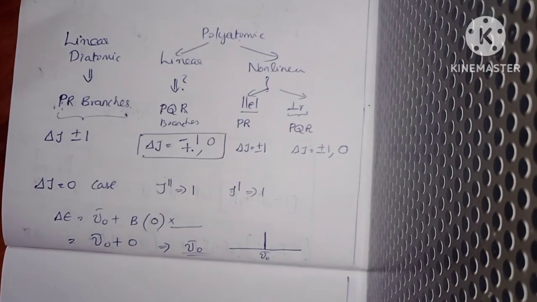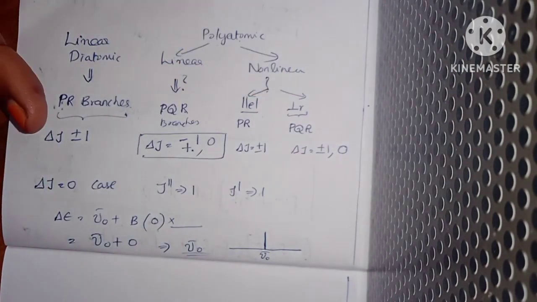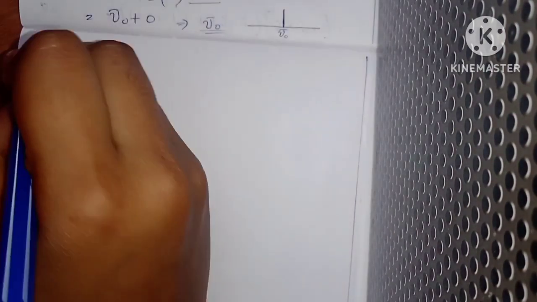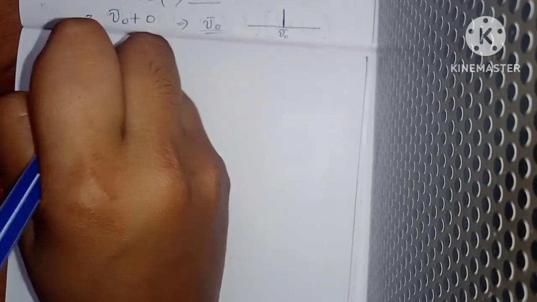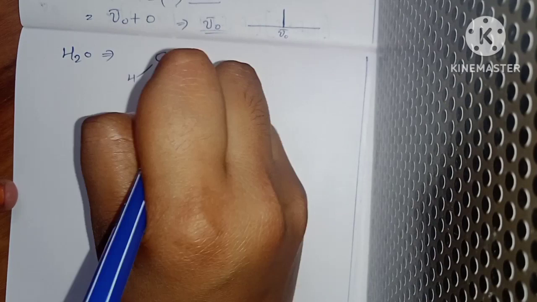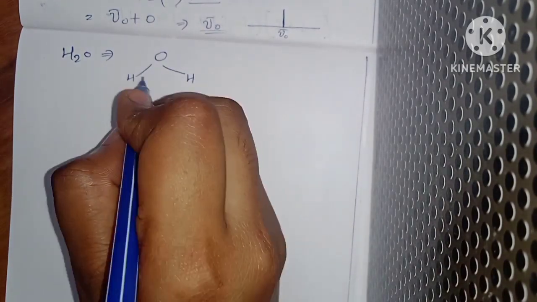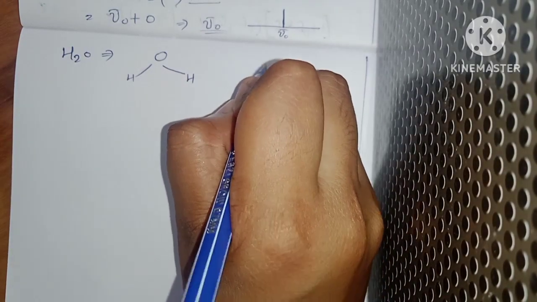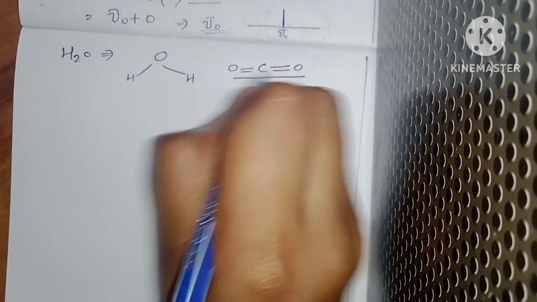Now we have to tell what parallel and perpendicular vibrations are for a non-linear molecule. For that we are considering a non-linear molecule, water, H2O. It is not diatomic, it is polyatomic, and non-linear in shape. Linear polyatomic will be linear in shape just like CO2. That is linear; this is not linear.